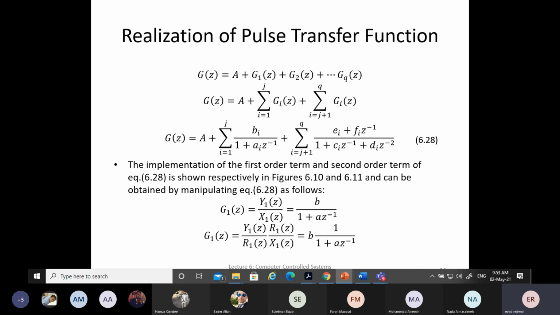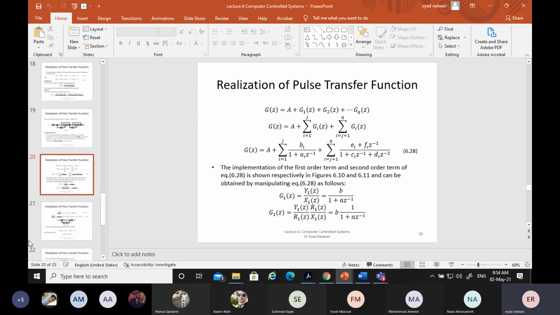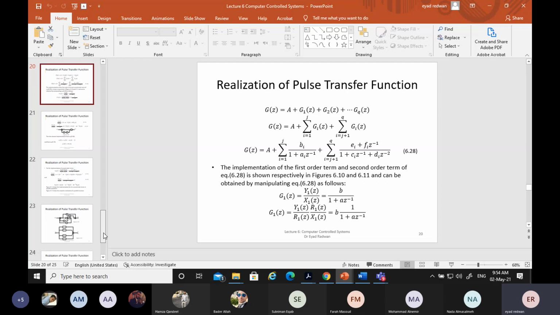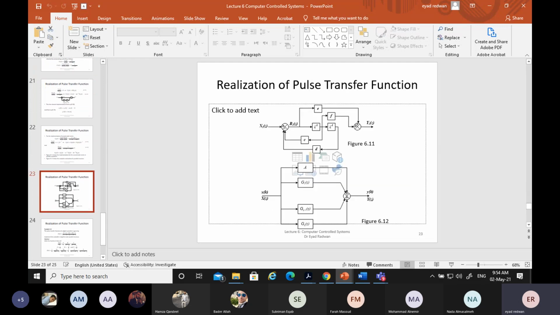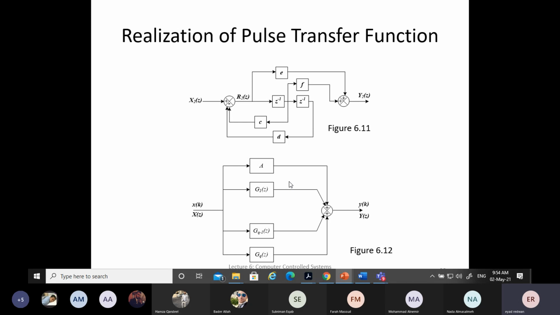So they are going to look like parallel implementation. In other words, this is going to be your function: the constant plus first order terms, then second order terms, and so on.